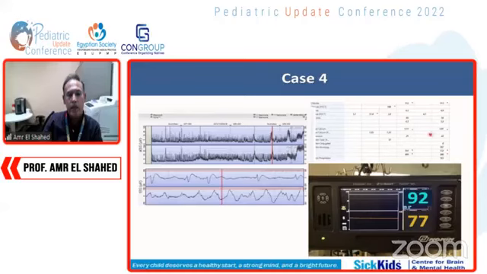He had evidence of multi-organ dysfunction, so the liver functions were quite high. He also had some degree of renal involvement, some degree of AKI.